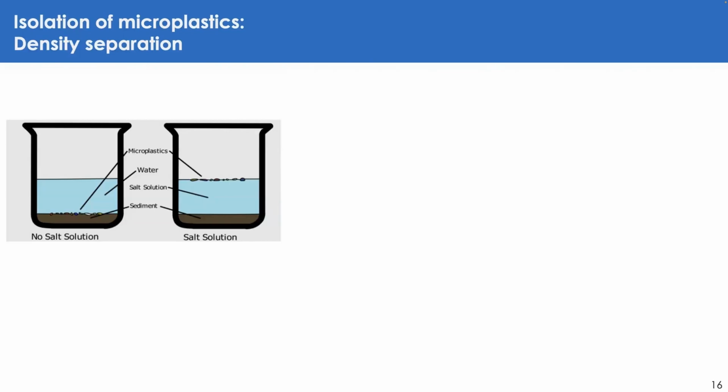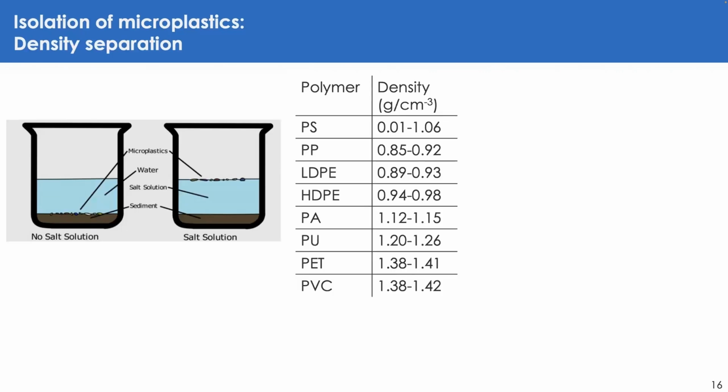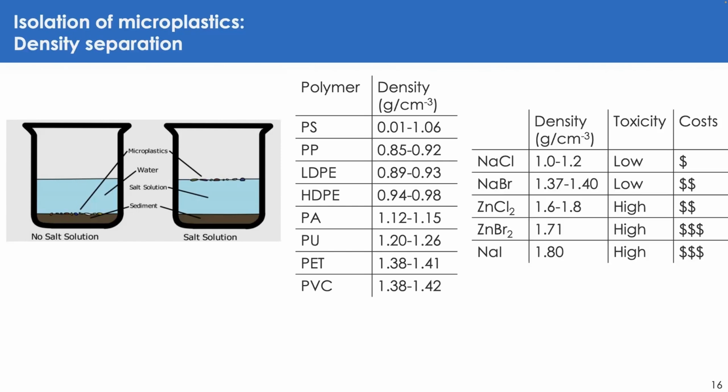However, if we put in a salt solution, we increase the density of the water, and then the microplastics can float to the top and hopefully be separated more easily. Of course, the different polymers have different densities. So you need to match the correct salt solution, which you want to be able to recover and float your different polymers to the surface.